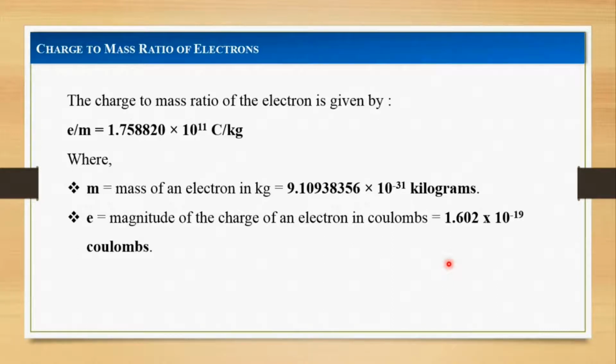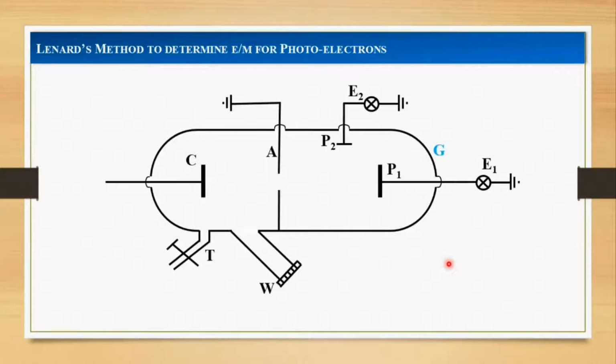So in order to study the charge to mass ratio, the experimental arrangement used by Lenard is as shown. It consists of a quartz glass tube G, which is evacuated through the side tube T, and it also consists of two electrodes, cathode C and anode A. The anode A has a hole in its center.